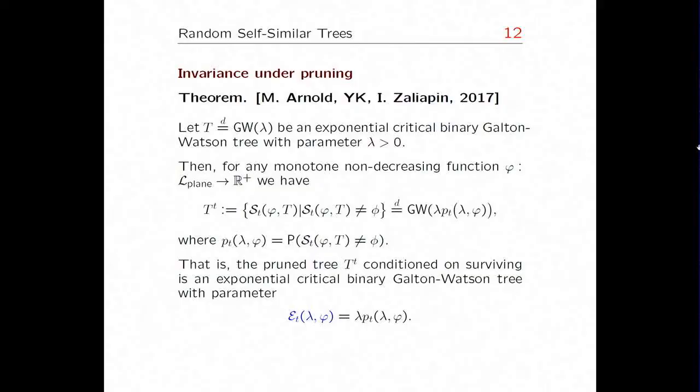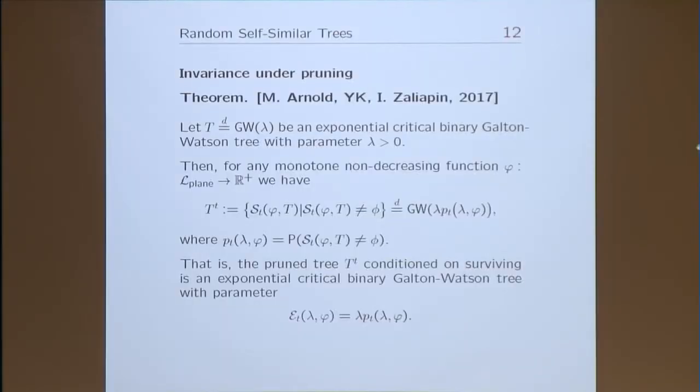So now, this being our object, we proved a small theorem about the general pruning, the generalized pruning, that's how it's called, but it will have implications. So what does it mean?